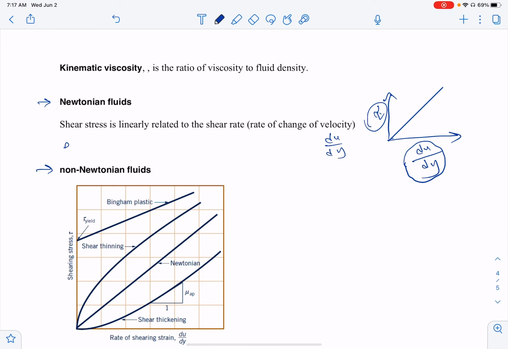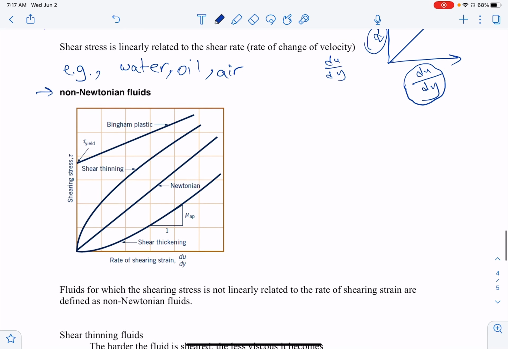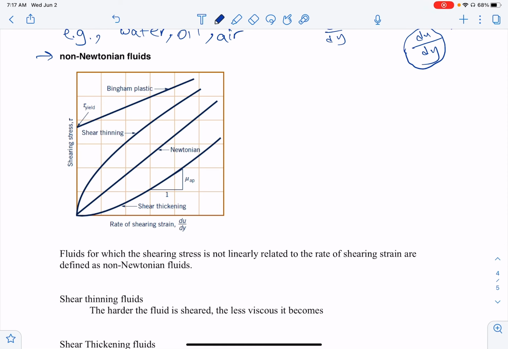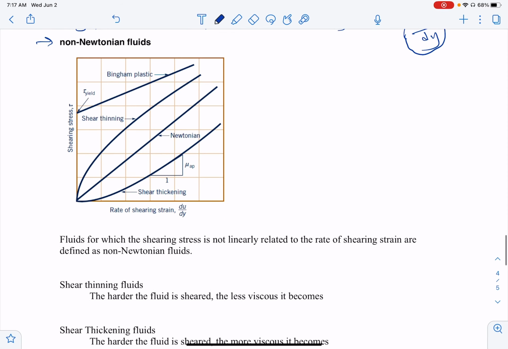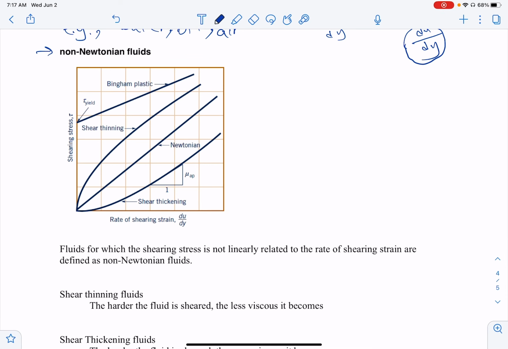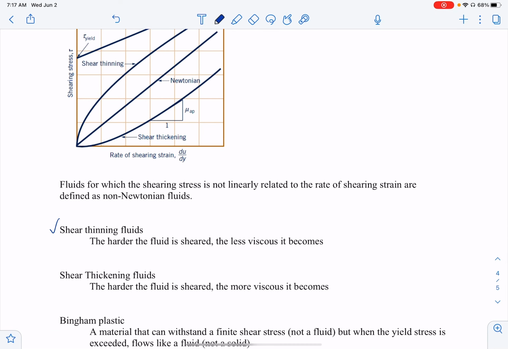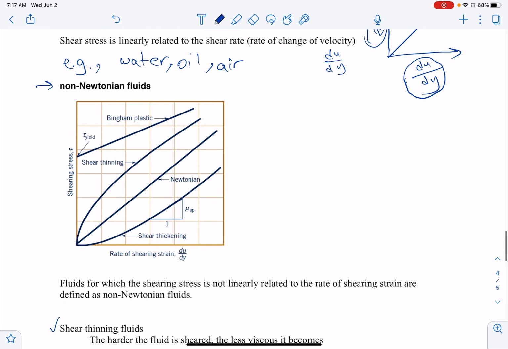Examples are water, some oils, and air also. These are Newtonian fluids. When we talk about non-Newtonian fluids, there are actually three types, but the main difference between Newtonian and non-Newtonian fluids is that the shearing stress is not linearly related to the rate of shearing stress.